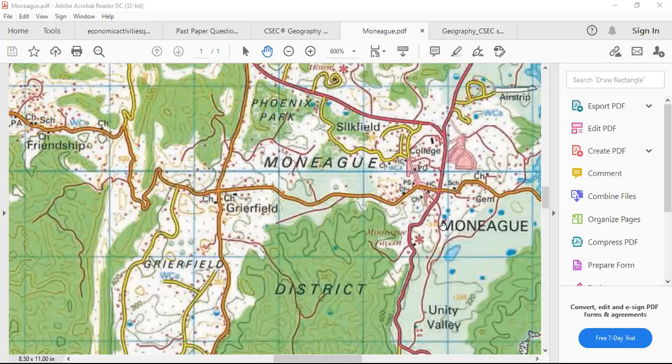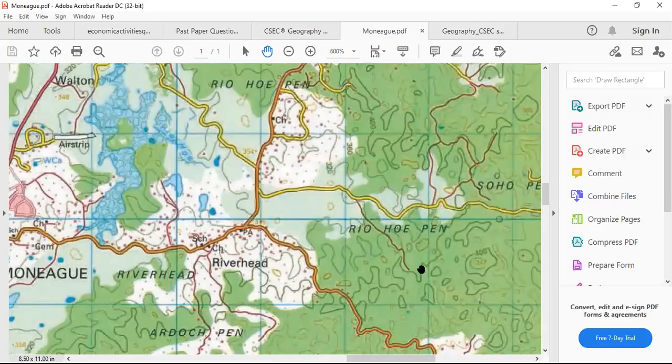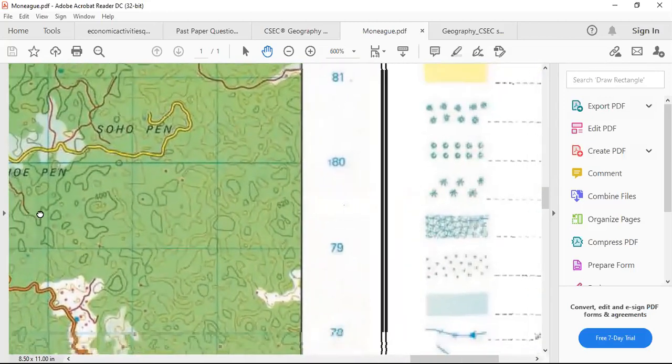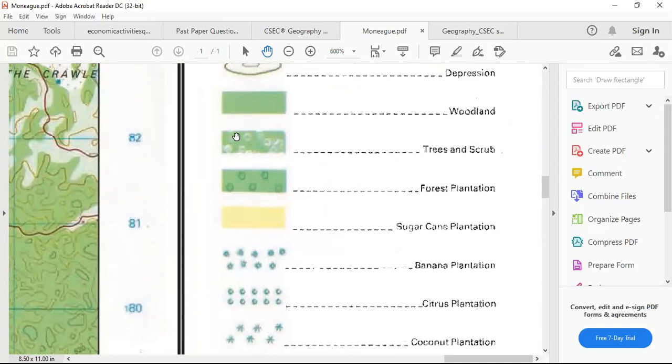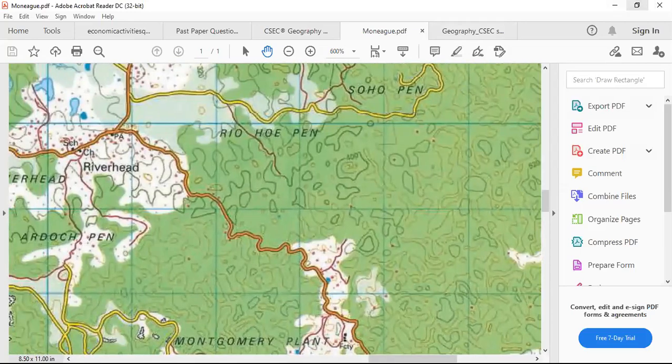So the natural vegetation you see in here, look at what they are here. Natural vegetation would be the woodland, which is the dark green, trees and shrub, forest plantation. And you see where they are.